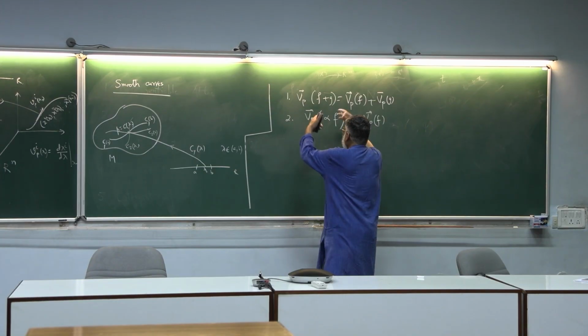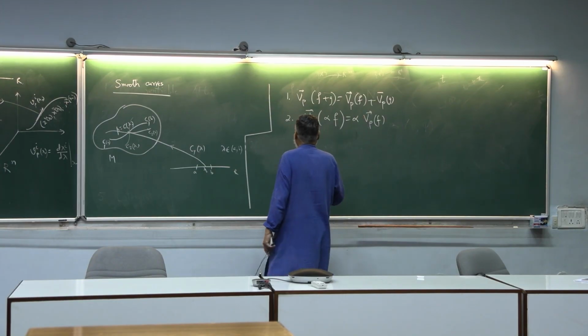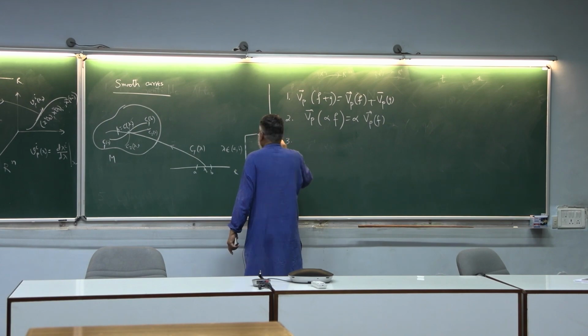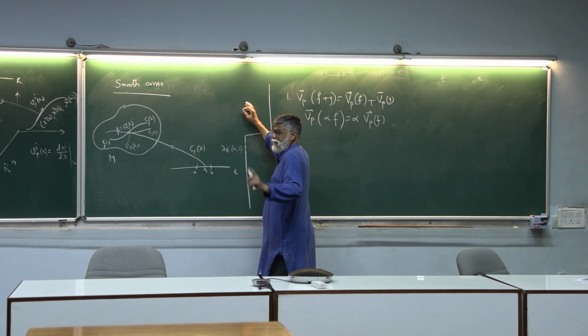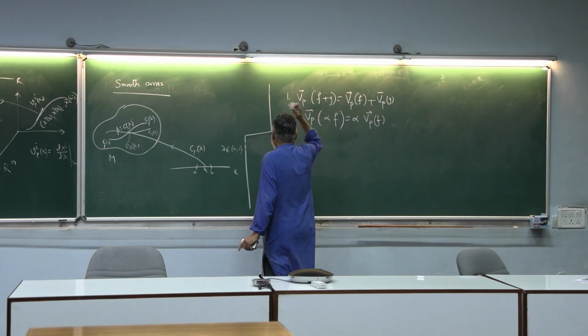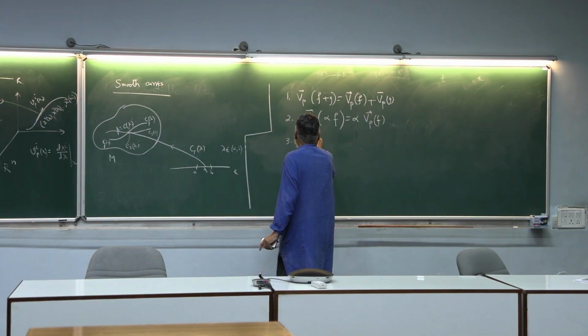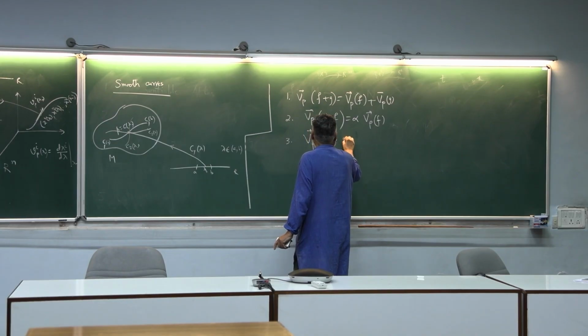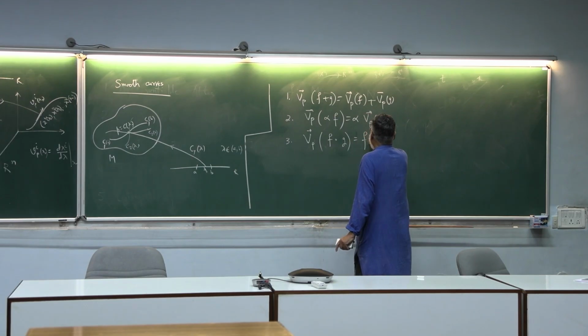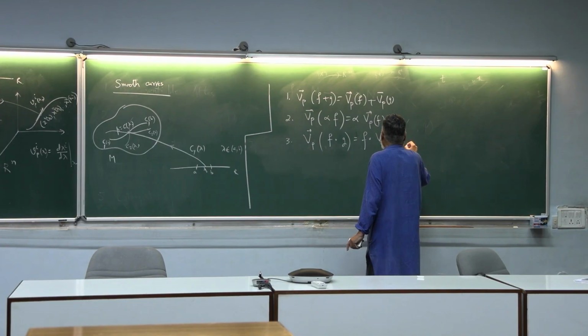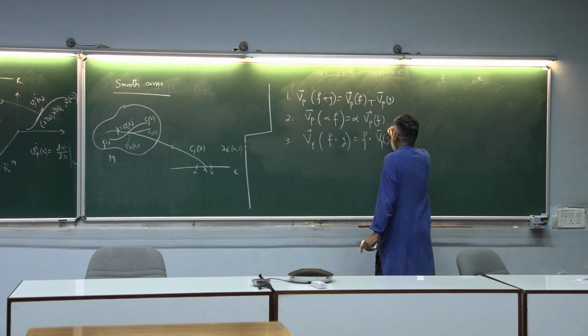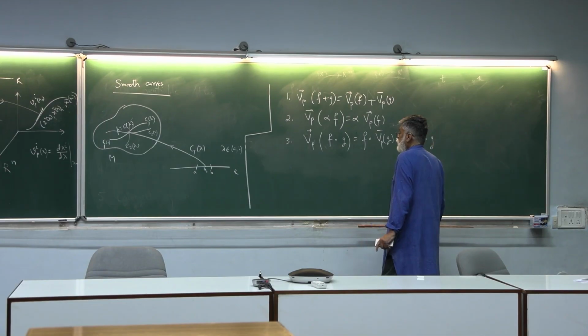So, this is like a linear operator, but there is something else which linear operators in linear algebra or linear vector spaces do not share. What is it? That V_P acting on the composition of two functions is f times V_P acting on g plus g times V_P acting on f. How does it follow?